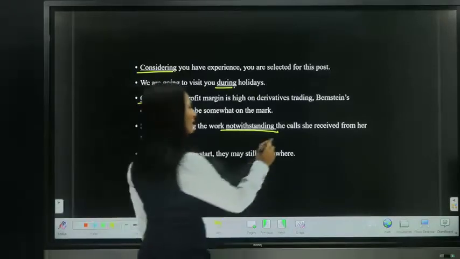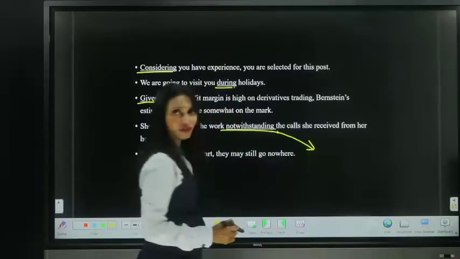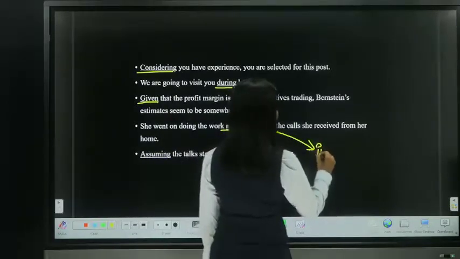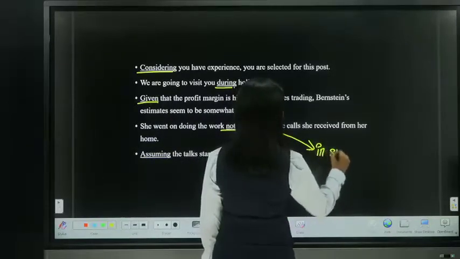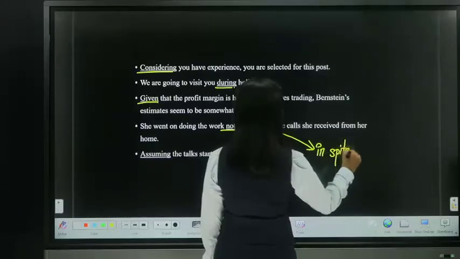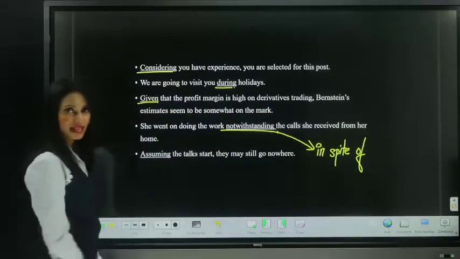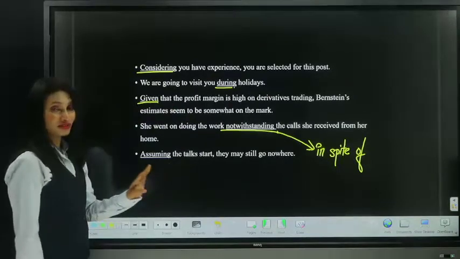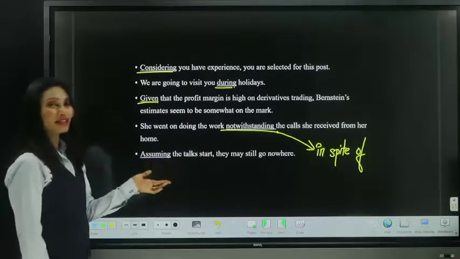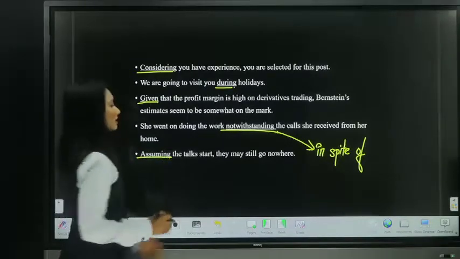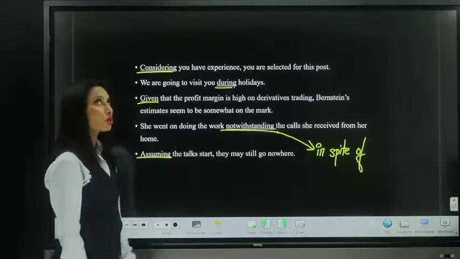So what is the meaning of notwithstanding? Notwithstanding is nothing but in spite of. There is nothing more. So in spite of, nevertheless, you can take. Now, assuming the talks start, they may still go nowhere.